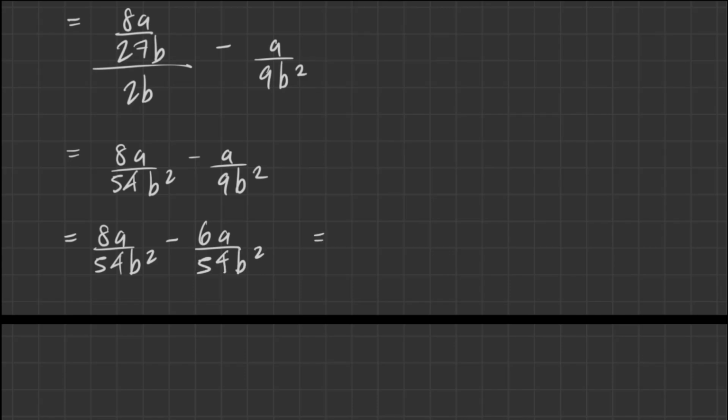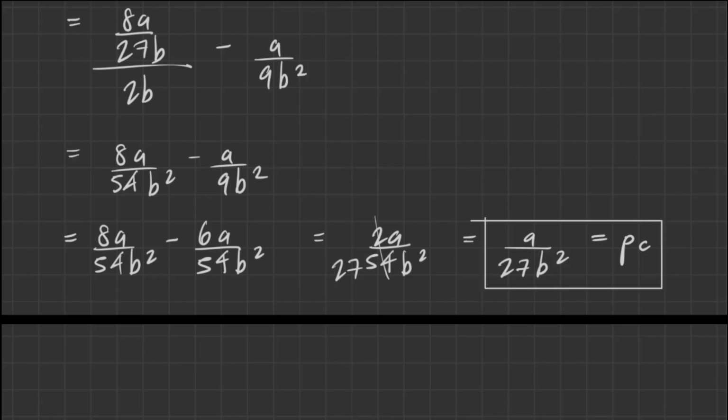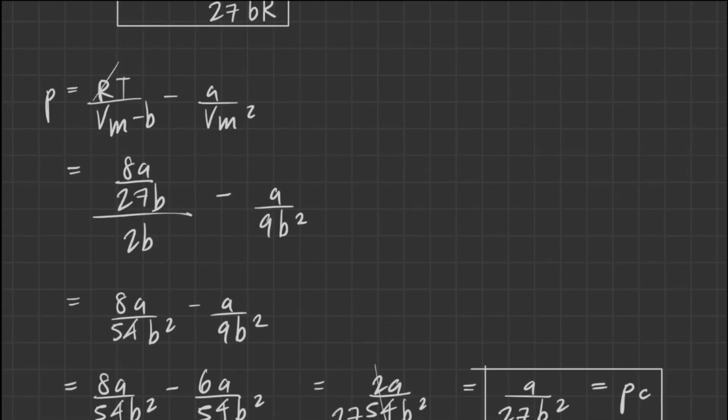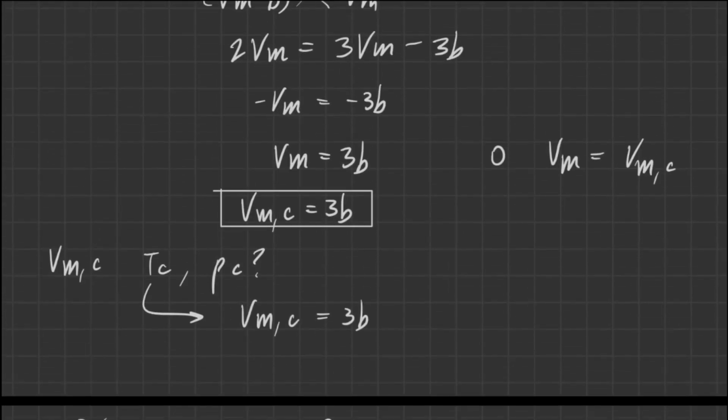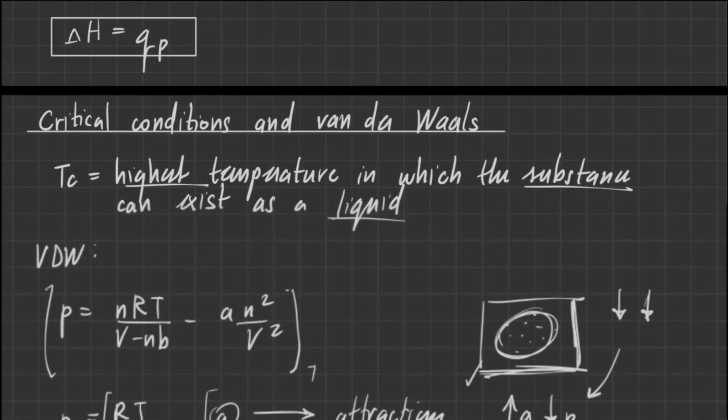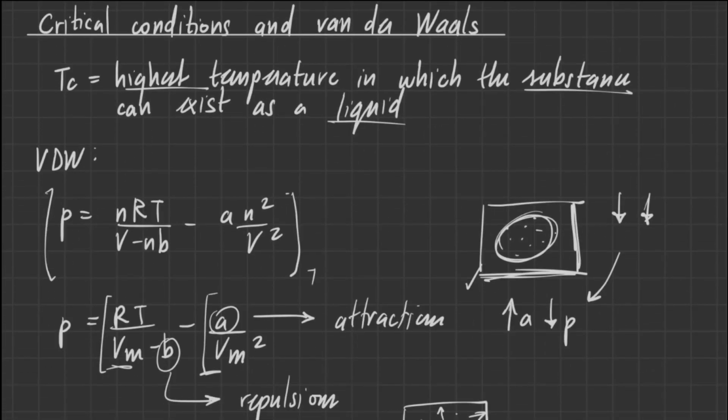It is equal to 2a over 54b squared, minus a over 54b squared, and this obviously cancels out. a over 27b squared is equal to the critical pressure. So here are all the expressions for the critical conditions using the van der Waals equation.